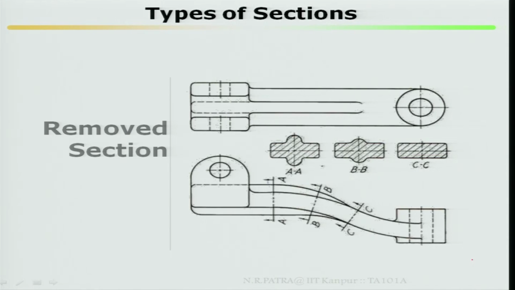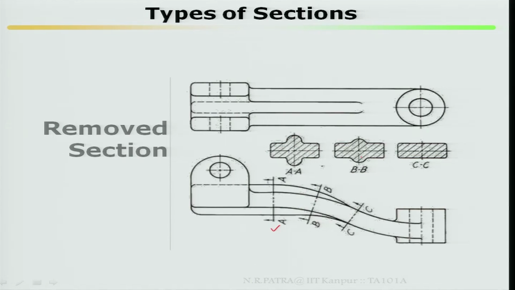One more example, removed sections. Look at this object, top and front view, and it has been sectioned at AA, BB and CC. How does the AA section look? At AA the sectioning has been taken, and the sectional view has been drawn here.